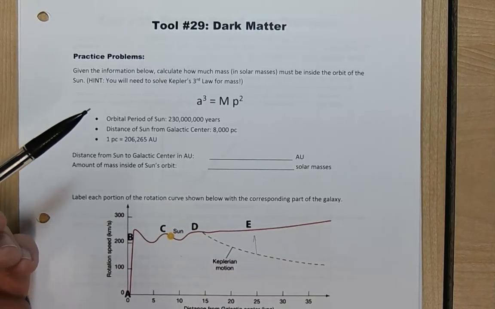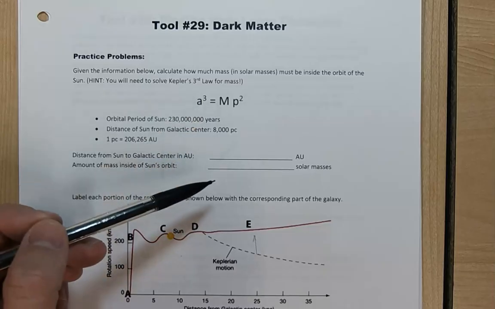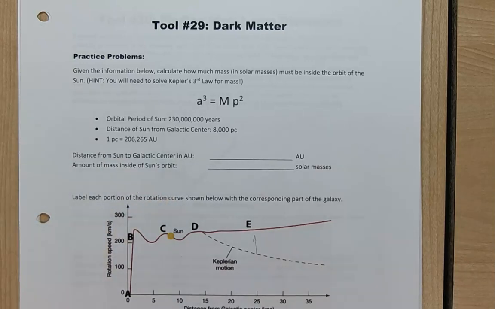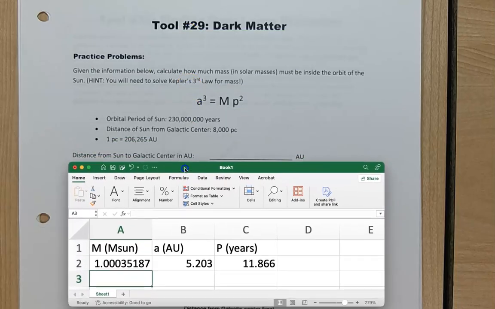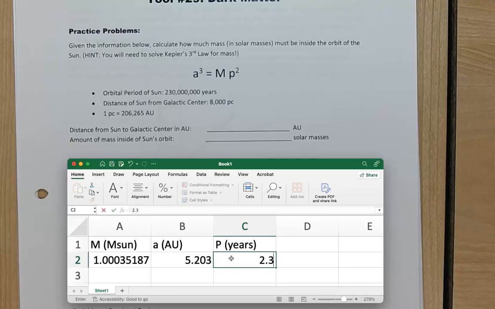How much enclosed mass is there inside of Earth's orbit around the sun? To go back here, if the orbital period of the sun is 230 million years, I'm going to say 2.3 times 10 to the 8 years.